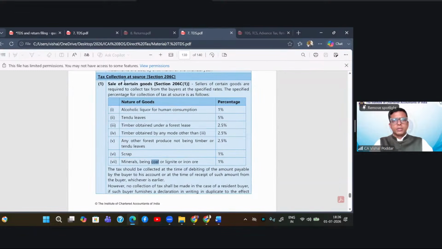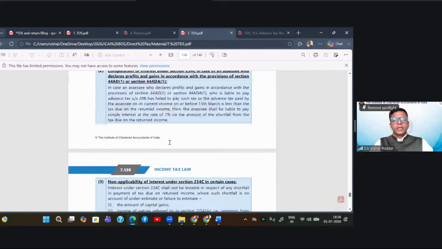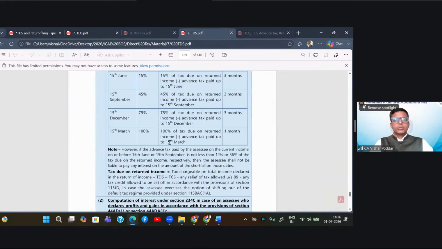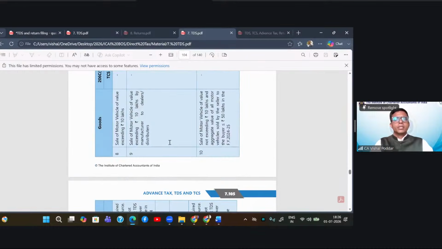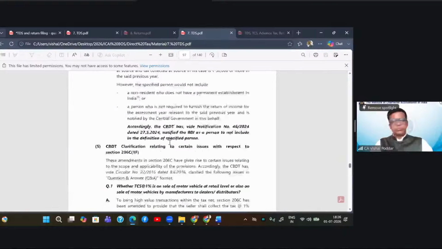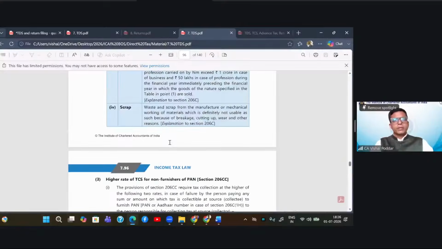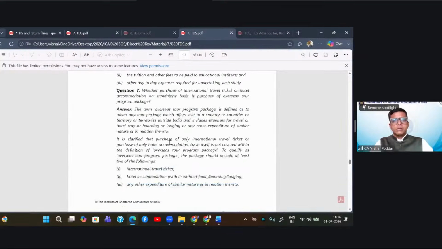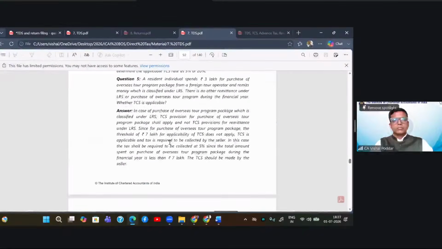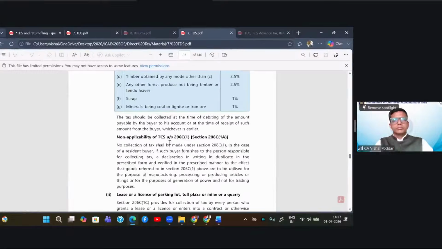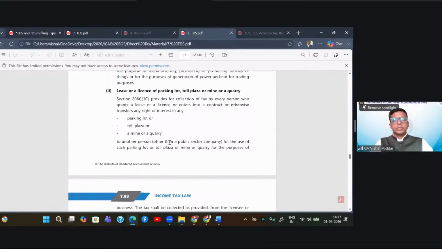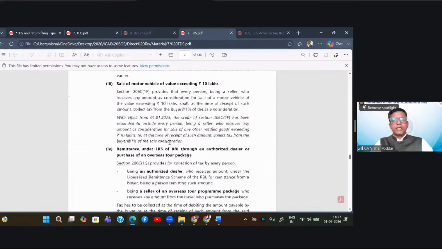See here, I think this is short, so we are not getting it. One second. If I take you to the detail of this section 206C1C, over there are some exceptions in respect of whom TCS will not apply. Yeah, this is one.